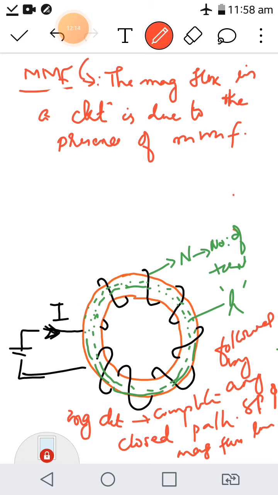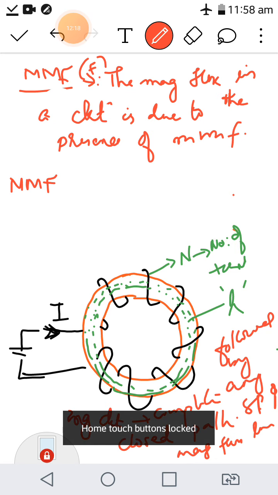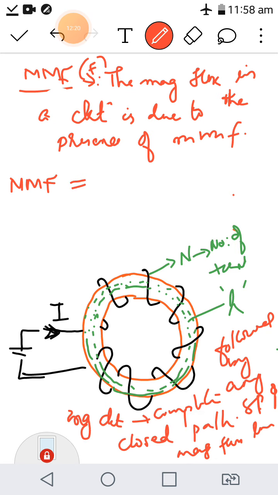So in this toroid case itself, for any circuit, the MMF is normally represented by the letter F. This MMF is equal to, assume that this toroid has N number of turns and I is the current passing through it. So what is the force? N number of turns times the current, N into I. Number of turns times the current, that is the force which produces the flux lines.